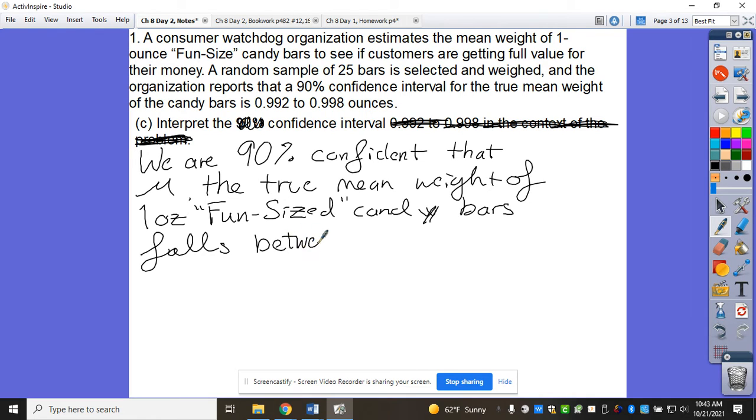And what are my units? And so when we're interpreting confidence interval, I actually give numbers from my interval that I got, my data.